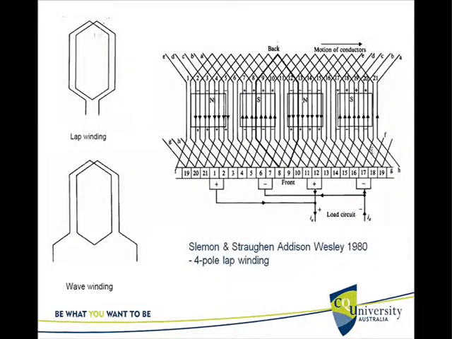Now these are the windings. So lap winding goes like this, right? The wave winding, in between the brushes, it goes like that. So this is the figure of a 4-pole lap winding, and these are the brushes.